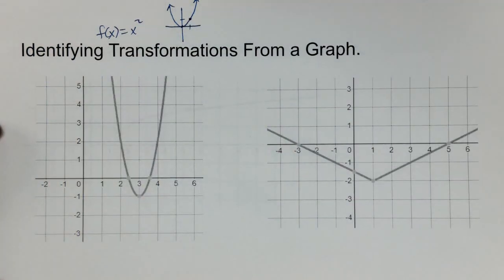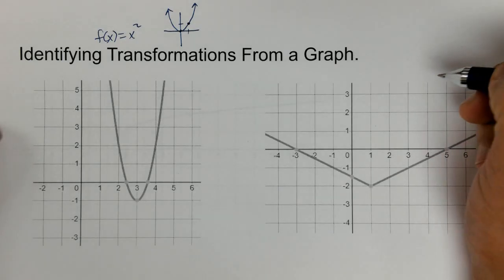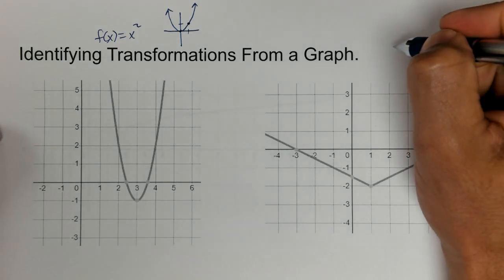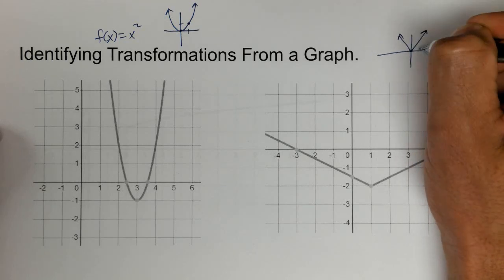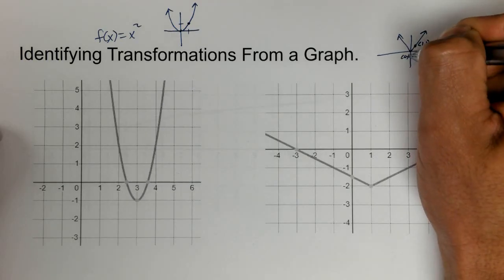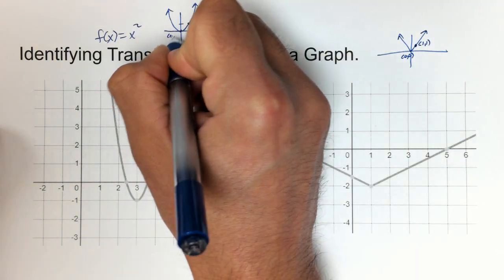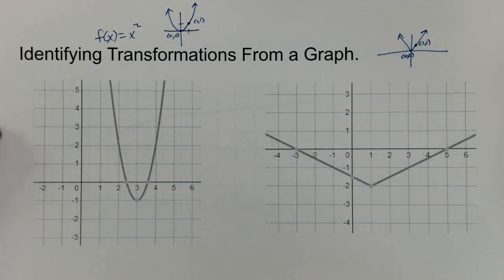I went through that on the previous video explaining how we get points on the graph. Same thing here for the absolute value function. It's going to be centered at the origin, and it's going to go through 0, 0 and 1, comma 1. I showed in the previous video how to graph those and how to identify that.